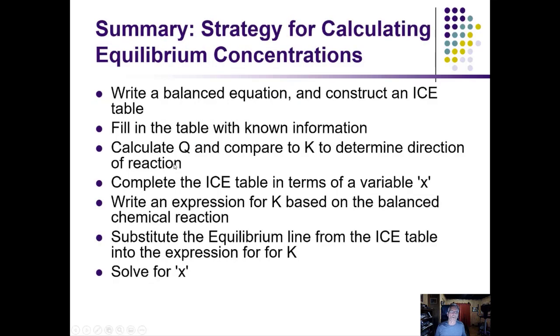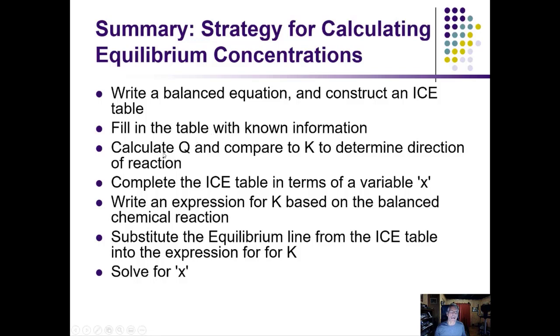All right, I think we're almost done. Here's our summary strategy for calculating equilibrium concentrations. Write a balanced chemical equation. Construct an ICE table, initial change equilibrium concentration. Fill the table up with the known information, all your concentrations, where the change is going to be.